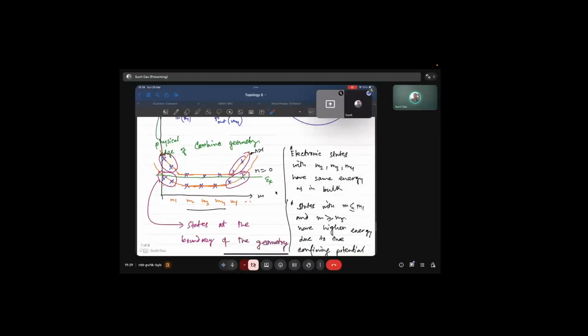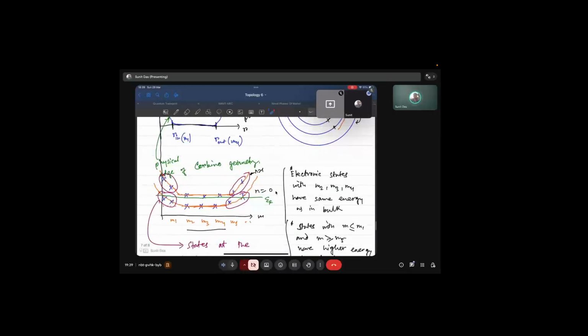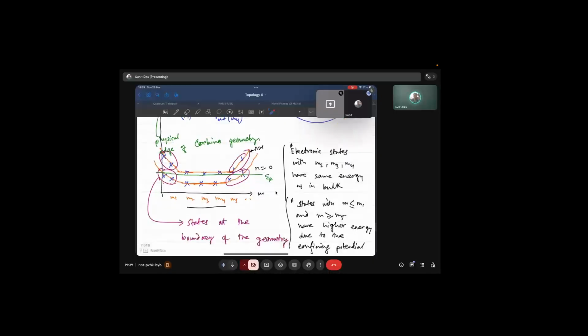So let me re-emphasize this point. In all of these geometries, some of the Landau level states, the bulk states, stay exactly at the same energy, right? Whereas at the edge of the sample, there are some states which acquire more energy because of the confining potential, and the velocity of the states for the outer radius, which is this m5 and so on, was positive, right?